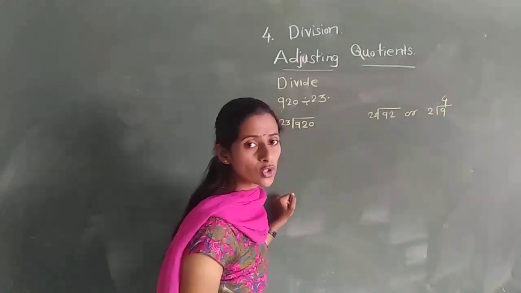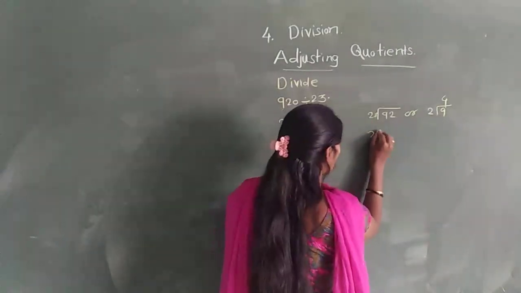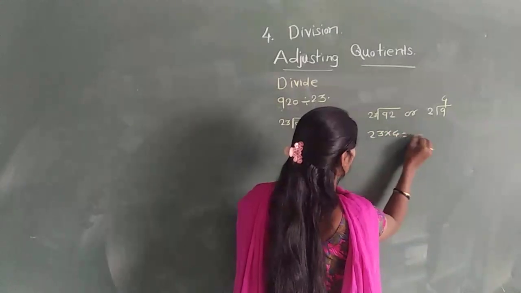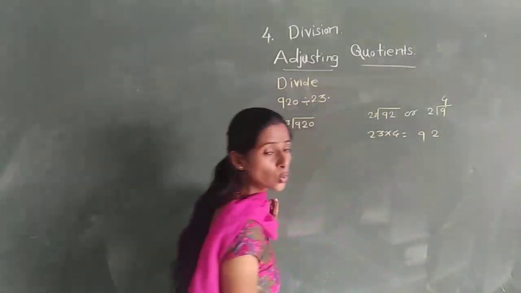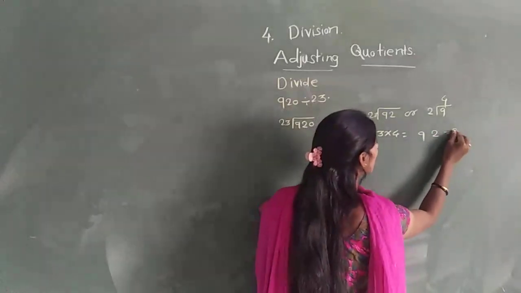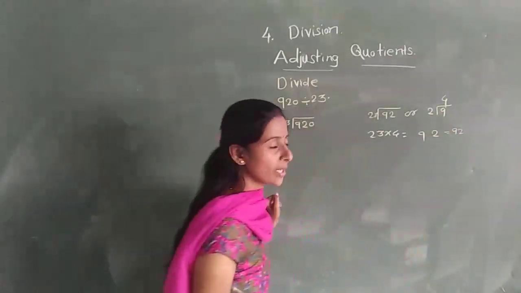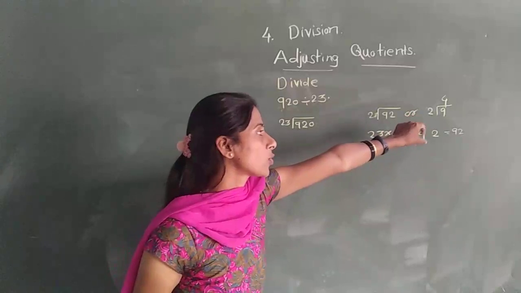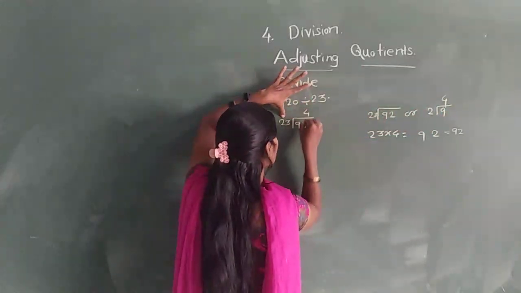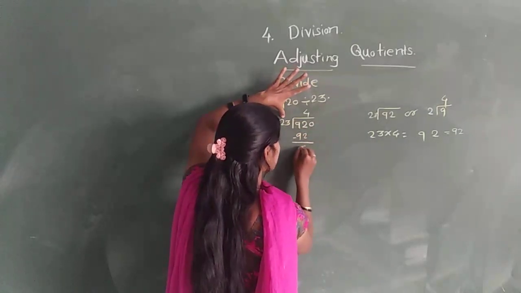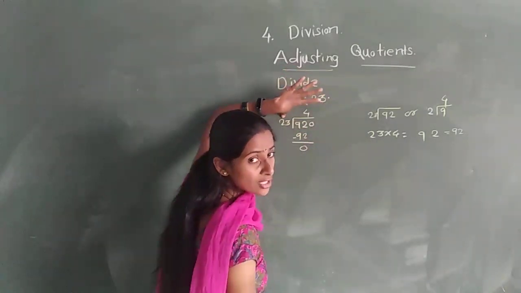Okay, so the estimated quotient is 4. So check 23 into 4: 4 threes are 12, carry over 1, 4 twos are 8 and 1, 9, so 92, which is equal to the dividend. So the adjusted quotient is 4. Okay, so 23 fours are 92. Easy example. So 92 minus 92 is 0.